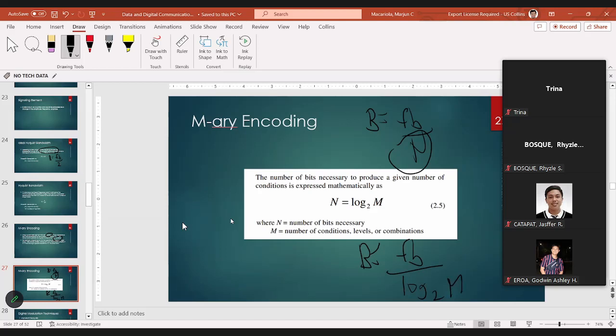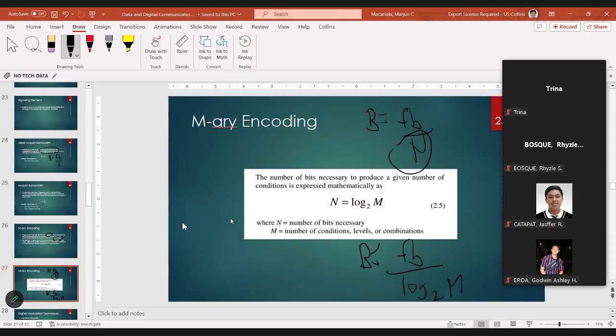Kapag halimbawa, given na yung N, for example, compute for the bandwidth given an input bit rate of 25 kilobits per second and number of bits equal to 64, makukuha mo na yung bandwidth agad-agad.